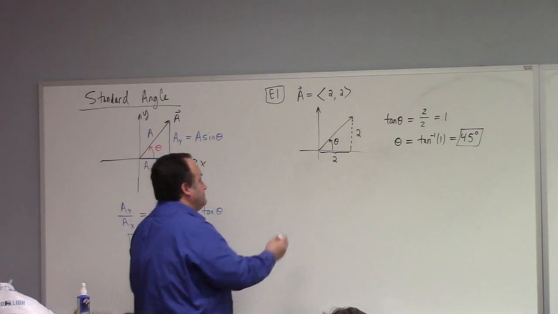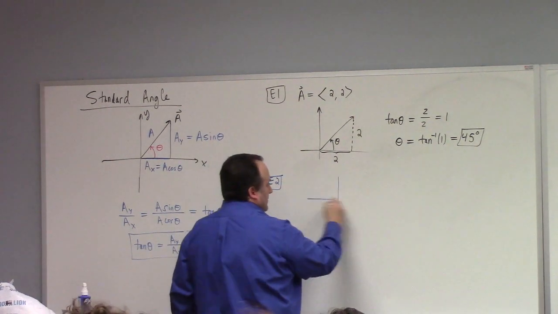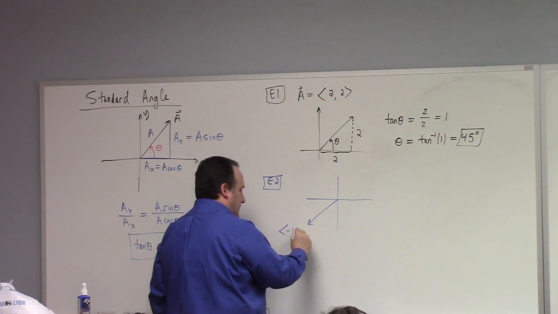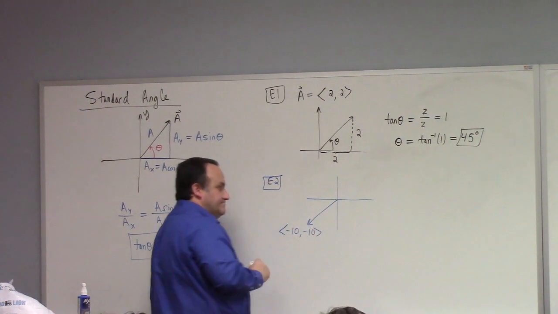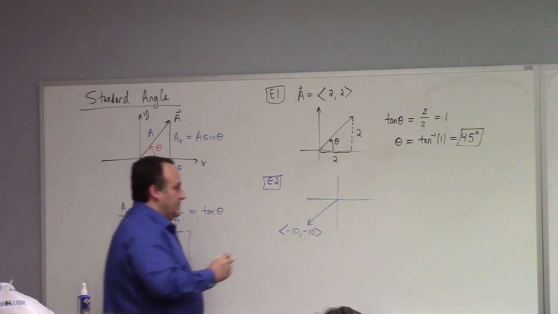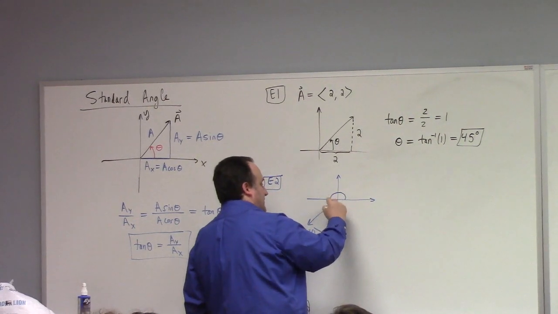So example 2, if I had, say, this vector, say minus 10, minus 10, all right? Like that. All right? So what's the standard angle? Well, if I picture it, it looks like this, right?